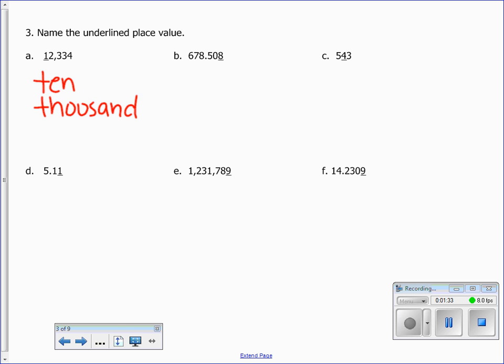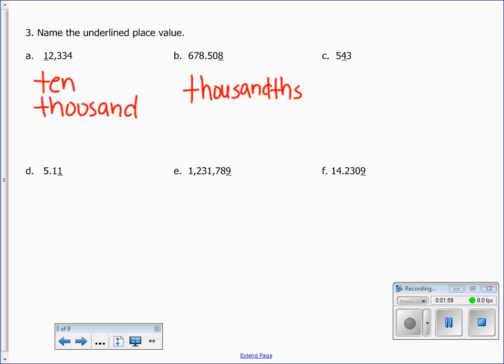In B, you're going to notice that the 8 is underlined. So let's start at the decimal point and go to the right. We have tenths, hundredths, thousandths. If you need to refer to the first slide, please do.